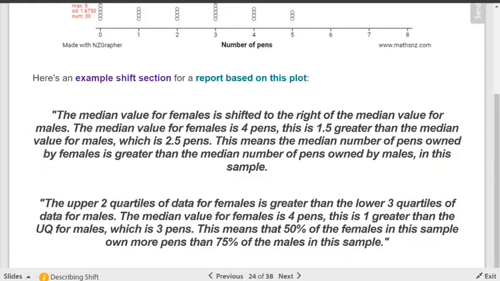The one with the quartiles might not always be true. The one with the medians might not always be true. I mean, there might not be a shift. So you have to make sure that there really is a shift. Okay? This particular one had a median shift and a quartile shift. Right?